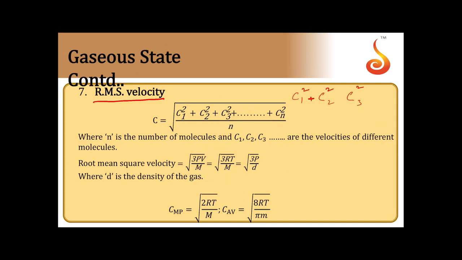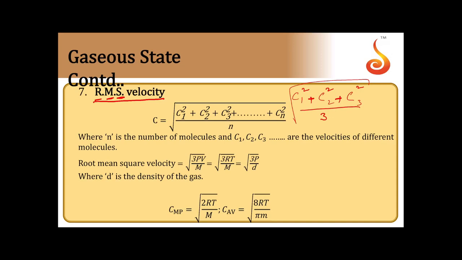Meaning we add the three squares and then divide by 3. We get the average of the squares of the velocities, and then we need to take the root over this. That is said to be root mean square velocity. We are taking the squares, taking the mean of the squares, and taking the root over the mean of the squares.